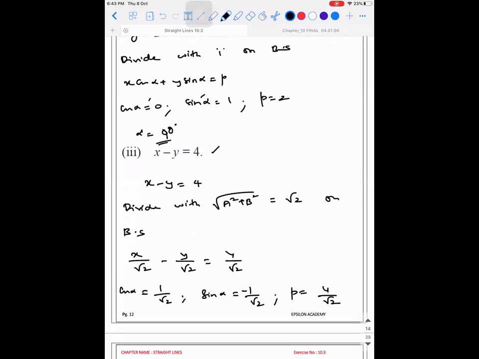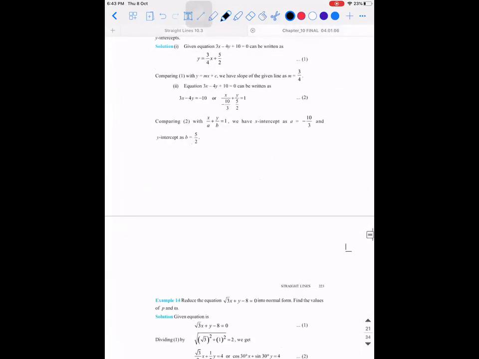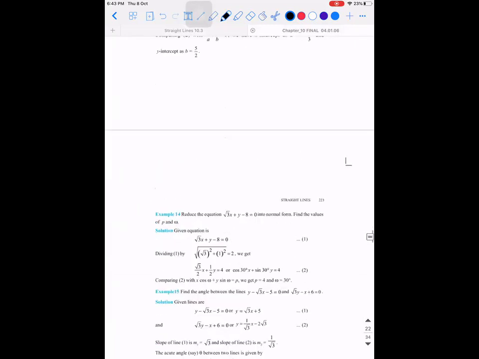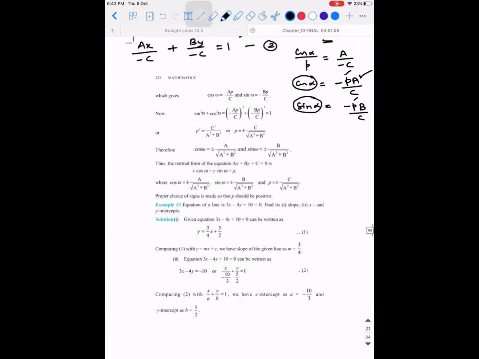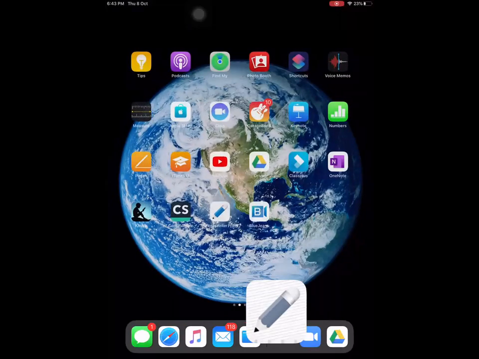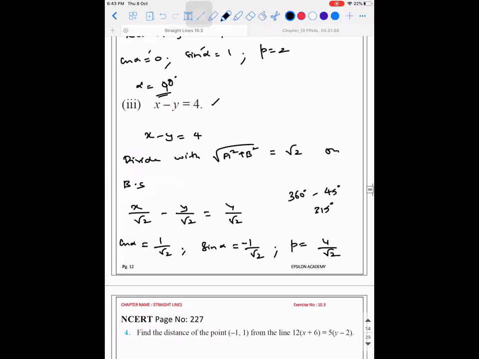Fourth quadrant. So what should be the angle? 315. Yes, that's right. 315 degrees. So you will have the answer as x cos 315 degrees plus y sin 315 degrees is equal to 4 divided by root 2.